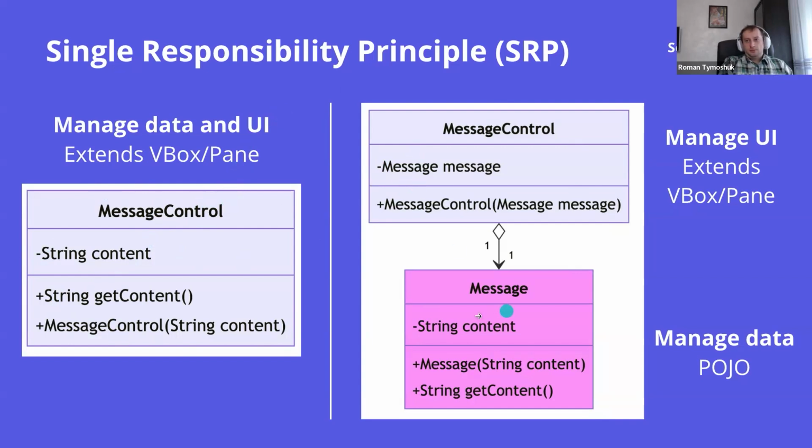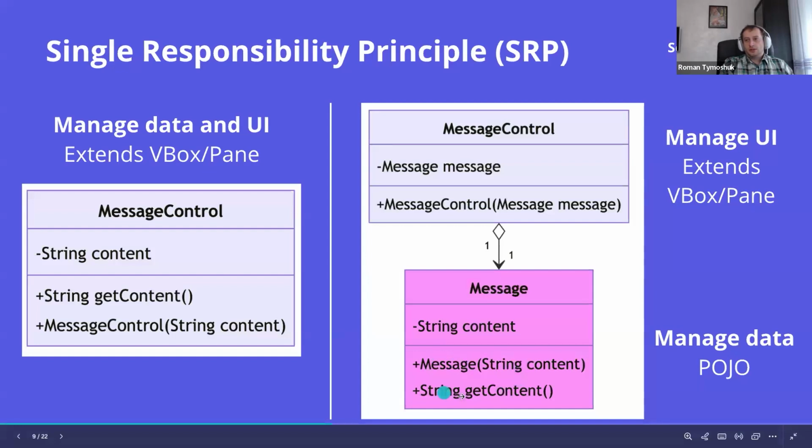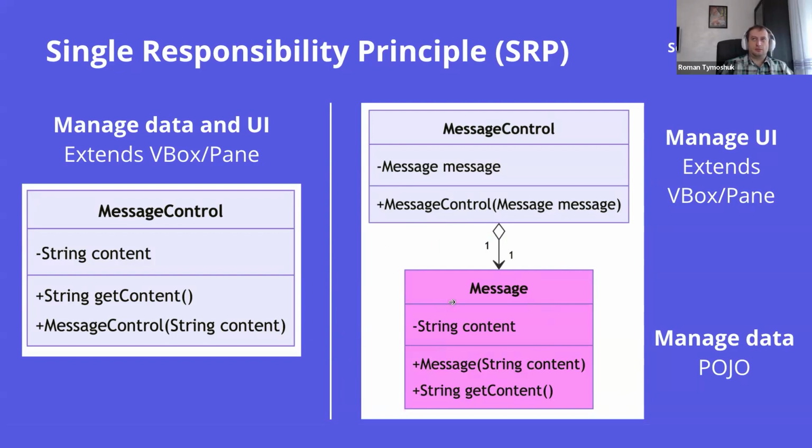Message itself is the class which contains the content. We store the string inside of it by using the constructor, and we can get it. So the responsibility of this class is just storing the message content, and that's it. What we are splitting here is one class managing UI, extending VBox and pane, and a second one managing the data.